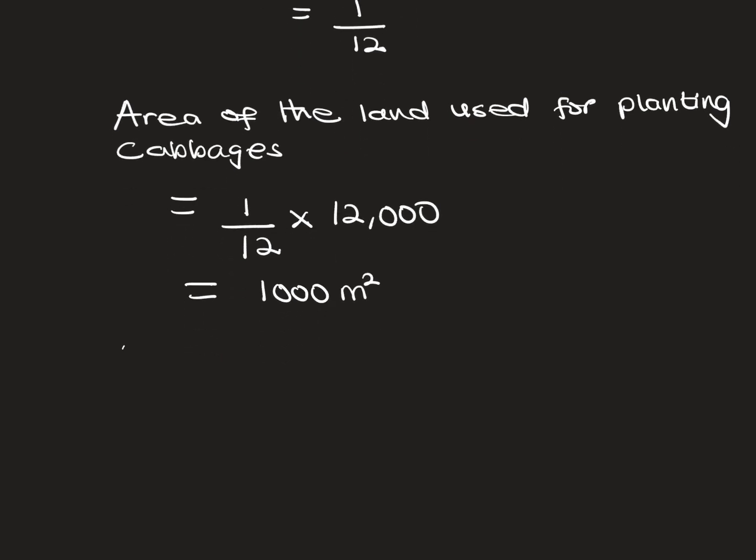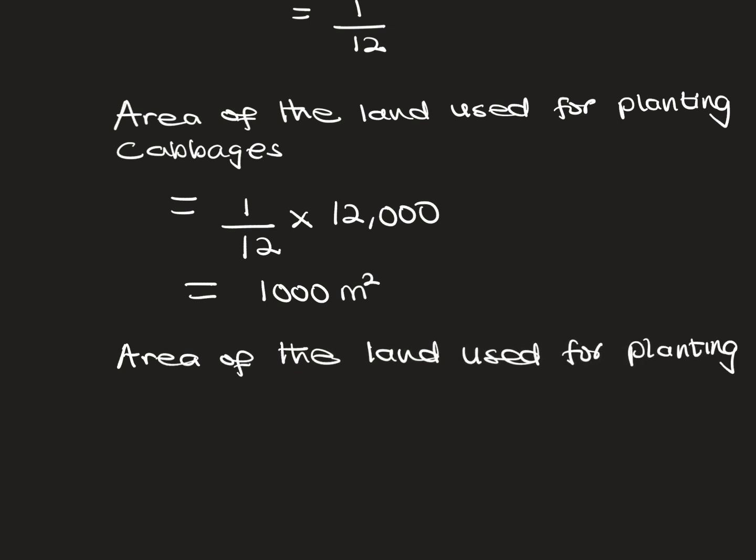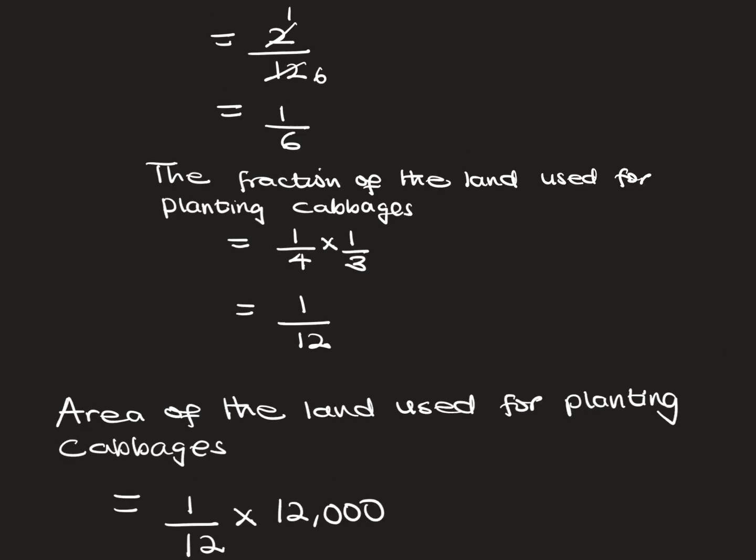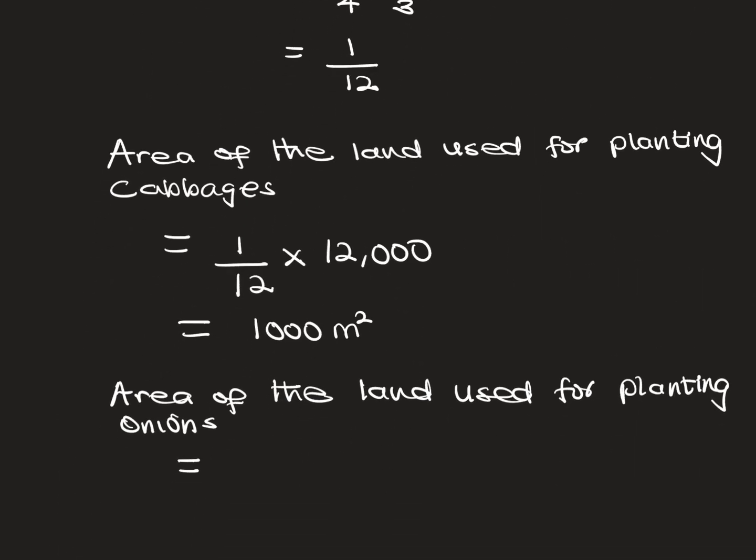Then I will move on to find the area of the land used for planting onions. The fraction of the land used for planting onions is 1 over 6.